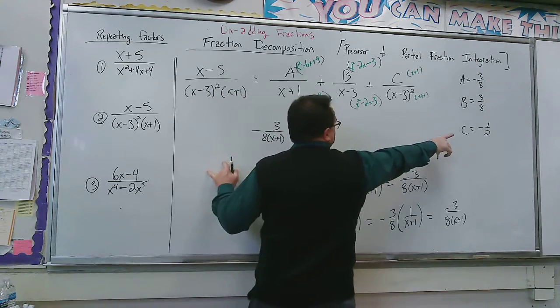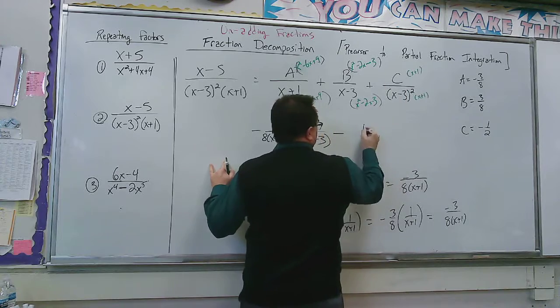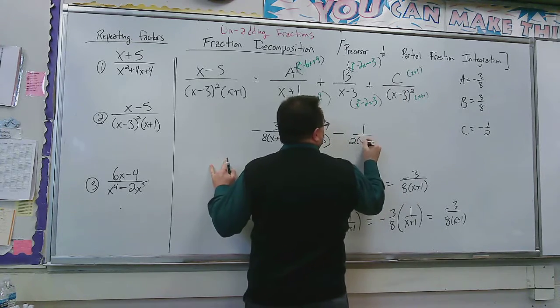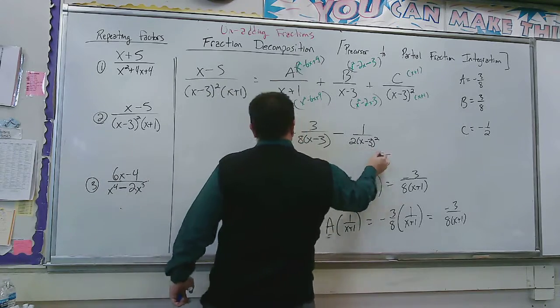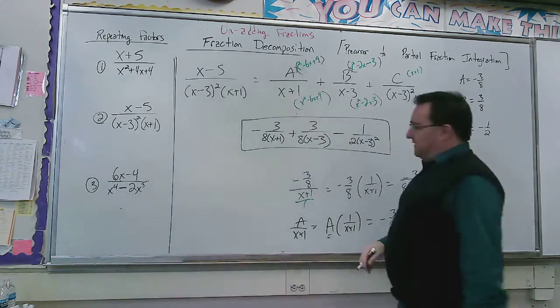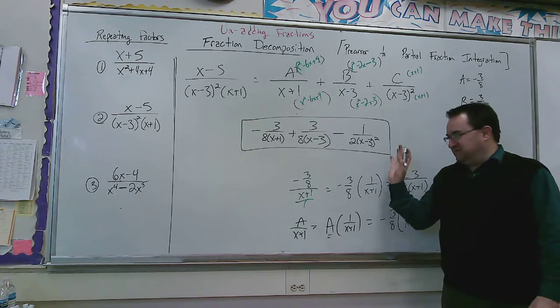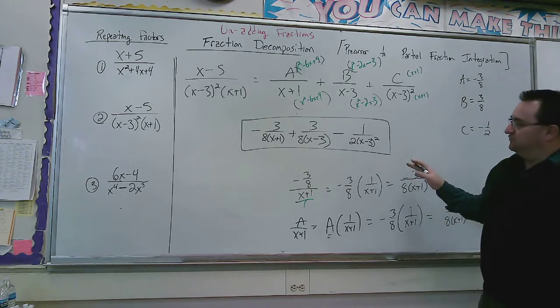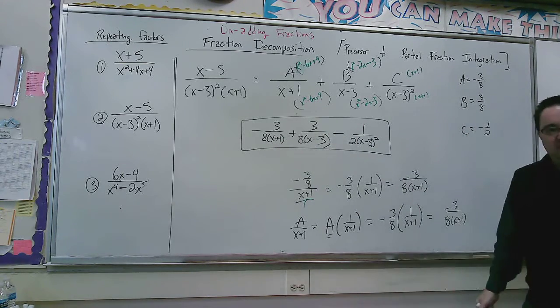Plus, except c is a minus, so it's going to turn this minus. 1 stays in the numerator, and the 2 goes in the denominator. Now we could distribute down here and clean this up, but I am satisfied with this answer, right? So I just want to see that you can break it down, you can get the solutions, and you're fluent enough with the fractions that you can put it in a good format.